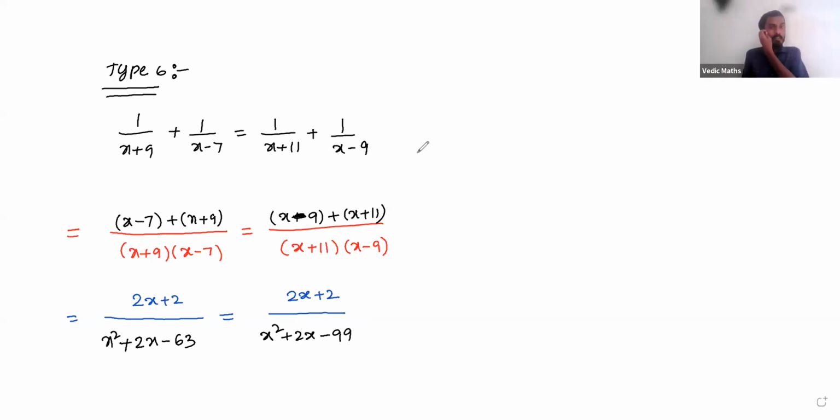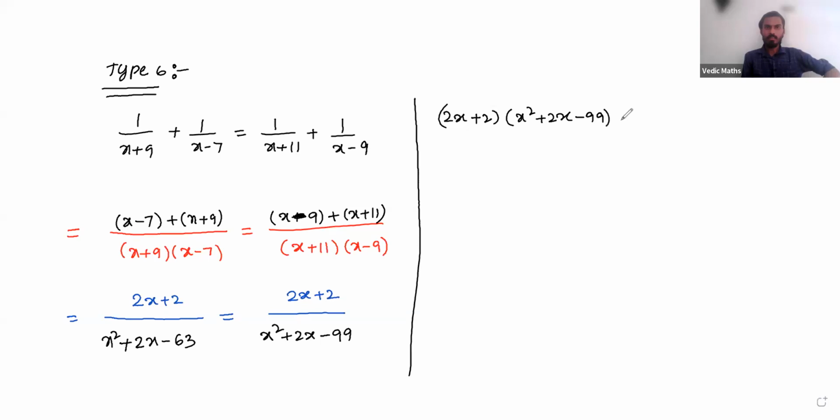And after that, if you take the cross multiplication here, then those terms convert into the cubic. So that is 2x plus 2 into x square plus 2x minus 99, that equals 2x plus 2 into x square plus 2x minus 63.